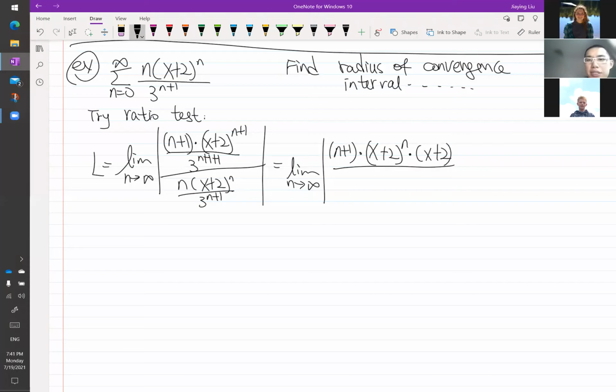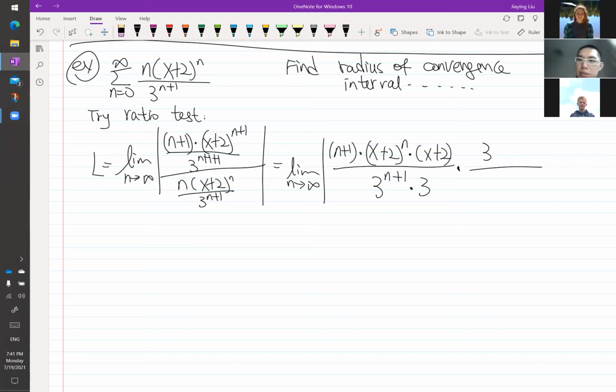And 3 to the n plus 1 plus 1, I'm going to write as 3 to the n plus 1 times 3 to the first power. The reason I'm leaving it there is because I know the denominator has a 3 to the n plus 1 that can cancel. You could write it as 3 to the n times 3 squared. That's perfectly fine, but you don't have to write it that way. Multiplied by 3 to the n plus 1.